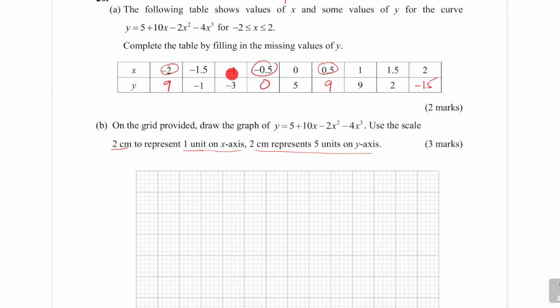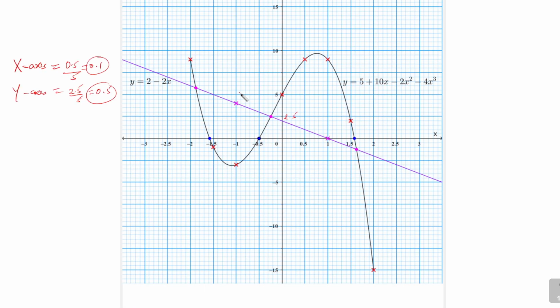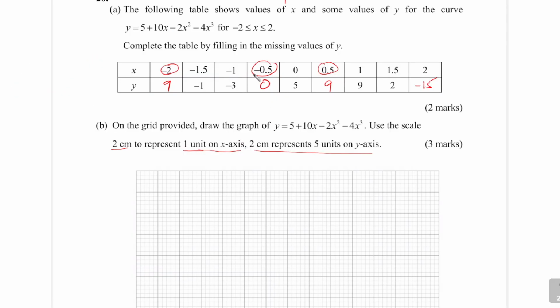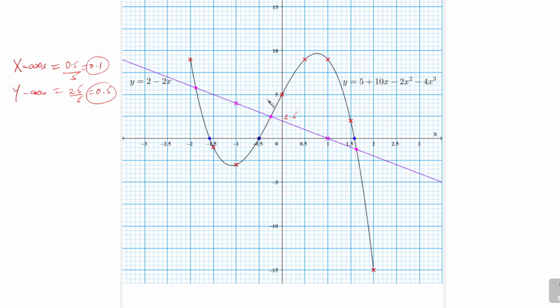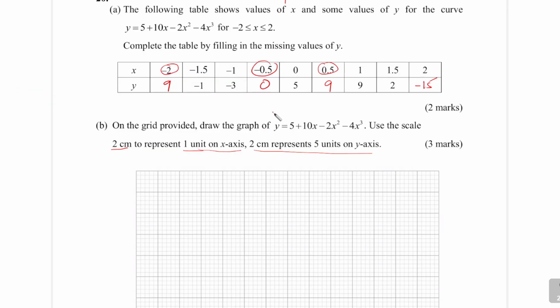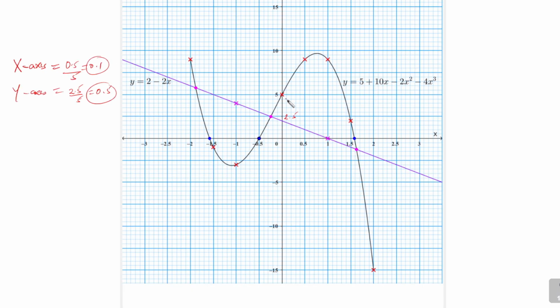Then the next one, -1, -3. So -1 is here, -3 is here. Then -0.5, 0. This is the point. Then 0, 5.